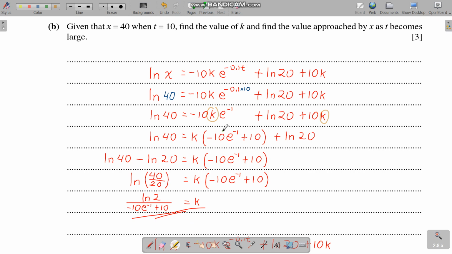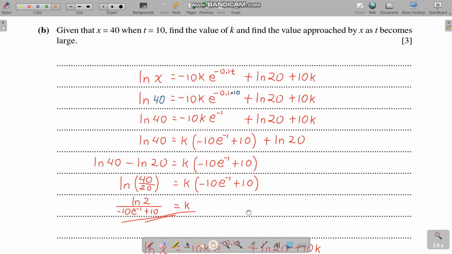So we have k times minus 10 e to the power of minus 1, and we still have plus 10. So we factor out the k, and we can move this ln 20 to the left. Now when we have a subtraction, ln minus ln, we can combine it into a division. 40 over 20 is 2, and then we divide both sides by these brackets. So we get the value of k in exact form.